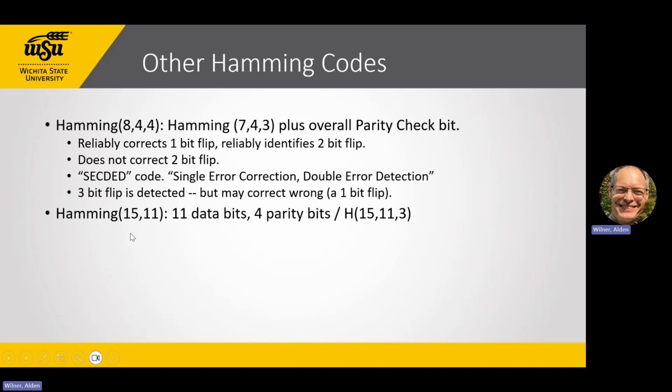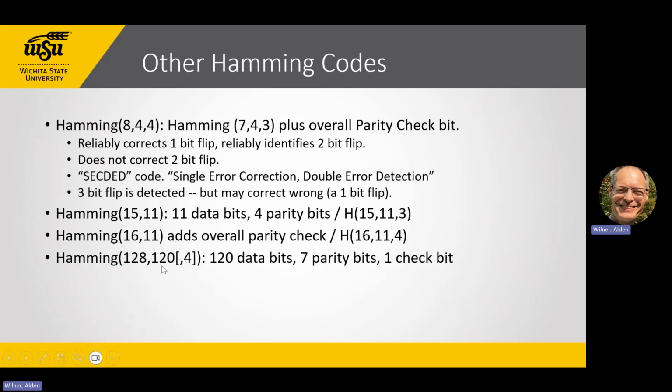Hamming 15,11. You can take 11 data bits and, using 4 parity bits, 15 minus 11, you can protect all 11 of those data bits. The Hamming distance is only 3. You have to go to 16,11, adding another overall parity check bit, to get a Hamming distance of 4.